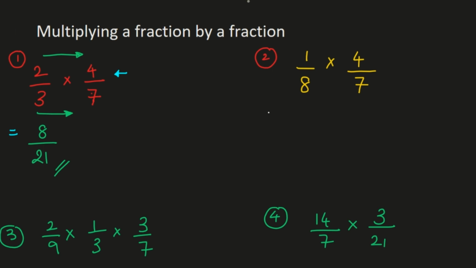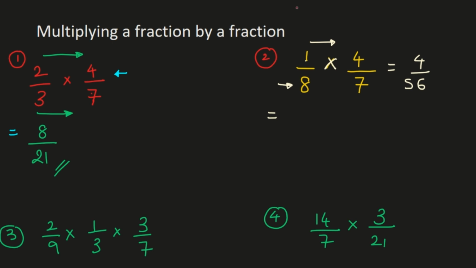Let's move on to the second question. It is 1 upon 8 into 4 upon 7. In that case, you can simply multiply the numerators and the denominators separately, horizontally. 1 into 4, it's 4. 8 into 7, it's 56. In this case, we can do a simplification.